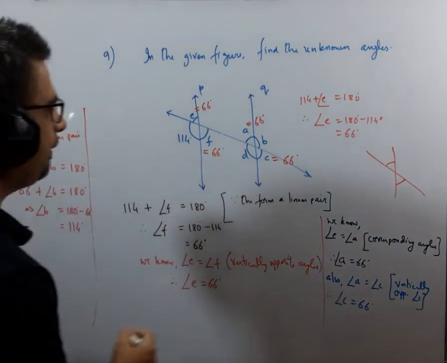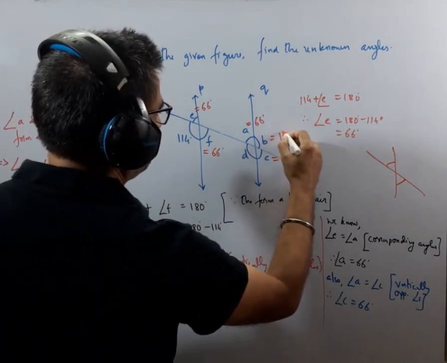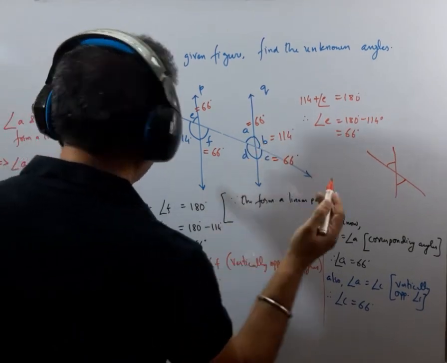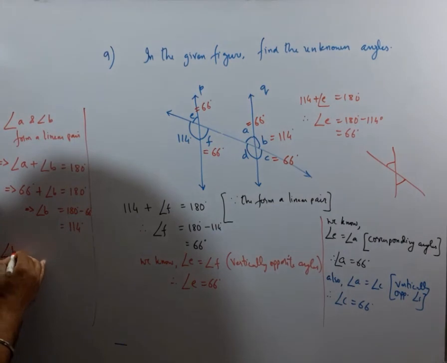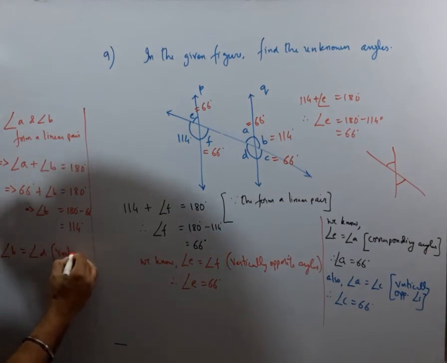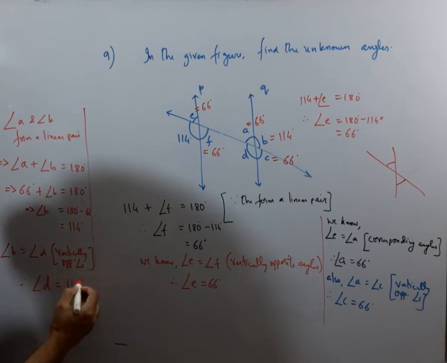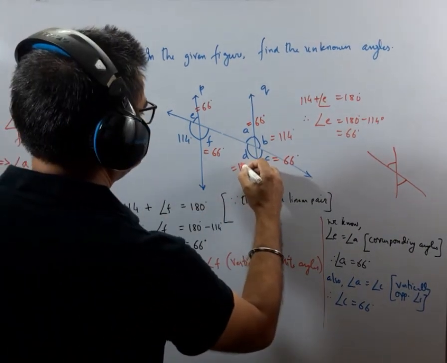So angle B is equal to 114 degree, and angle B and angle D are vertically opposite angles. Angle B is equal to angle D, vertically opposite angles, and therefore angle D is also equal to 114 degree. So this is also equal to 114 degree.